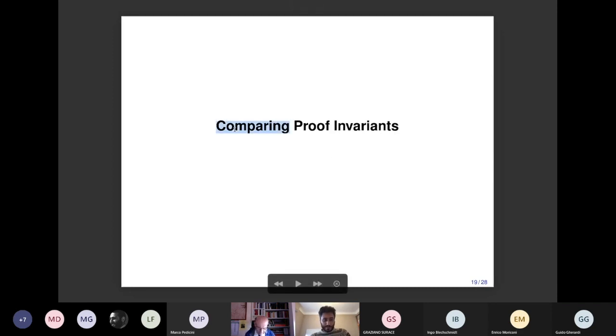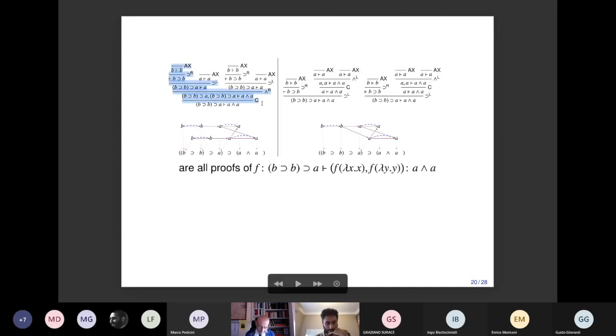But this is not the only possible way to have proof invariance, and just to name a few, we have sequent calculus. I go back to intuitionistic logic, and these are two combinatorial proofs for intuitionistic logic.